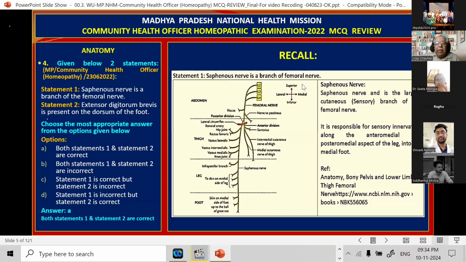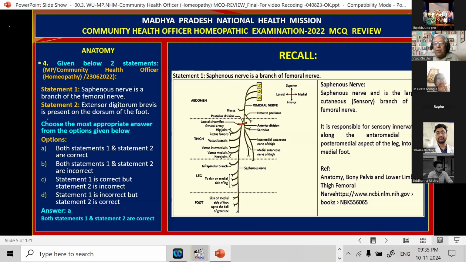And this is how we have to orient this diagram. This is the superior aspect, this is the inferior aspect, this side is the medial side, and this side is the lateral side. The saphenous nerve is the largest cutaneous branch of the femoral nerve.